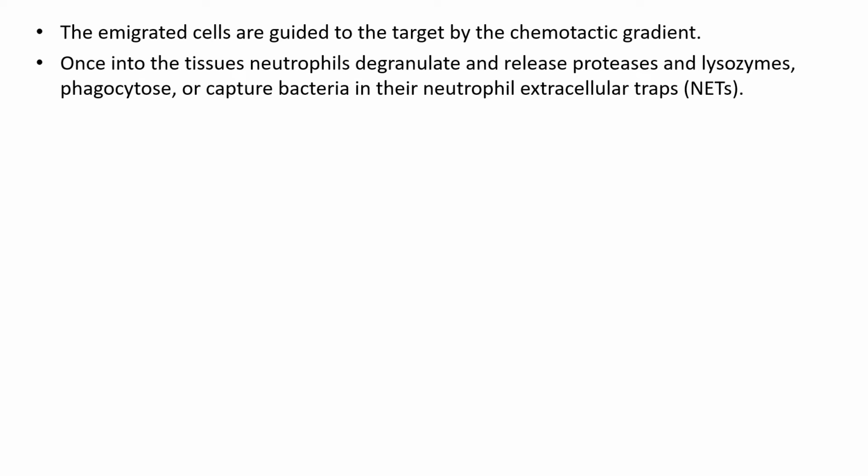And they have these funky neutrophil extracellular traps, nets. So they chuck out chromatin from their nuclei. The chromatin has PRRs in it, it's very sticky, it grabs hold of pathogens, debris, and then those proteases and lysozymes within the net then break those targets down.